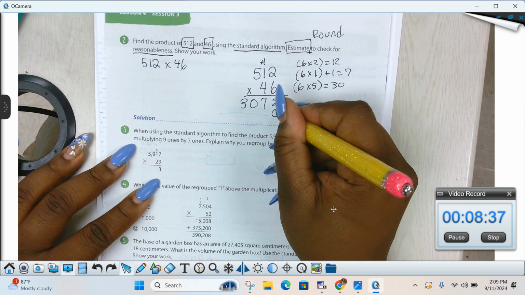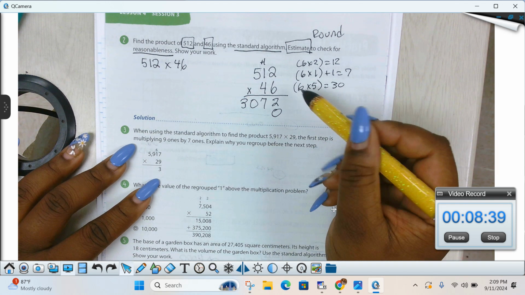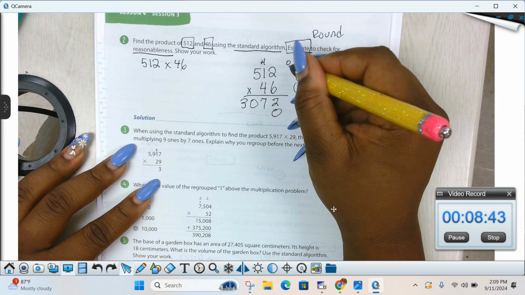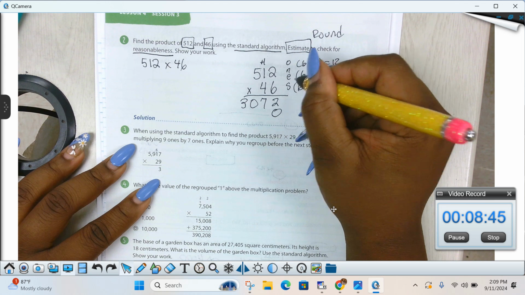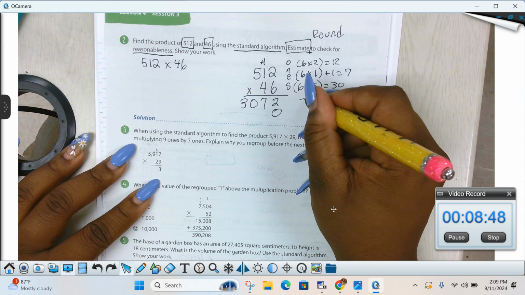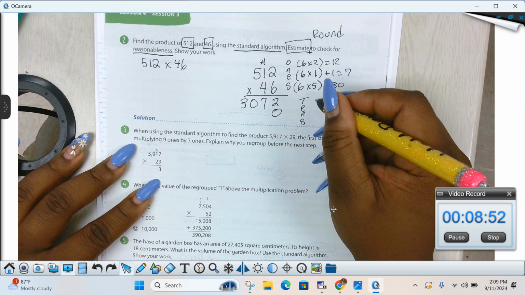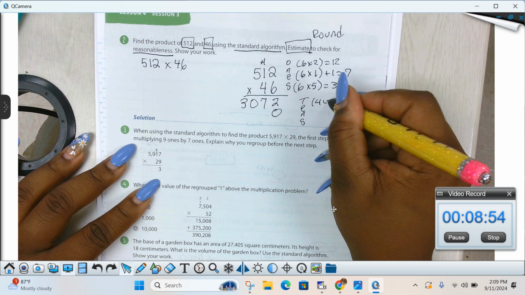Now, we drop a 0 in. We multiply the 10s. Now we're going to the 10s. Remember, these are the 1s. Now I'm about to do the 10s. First number in the 10s is 4 times 2.